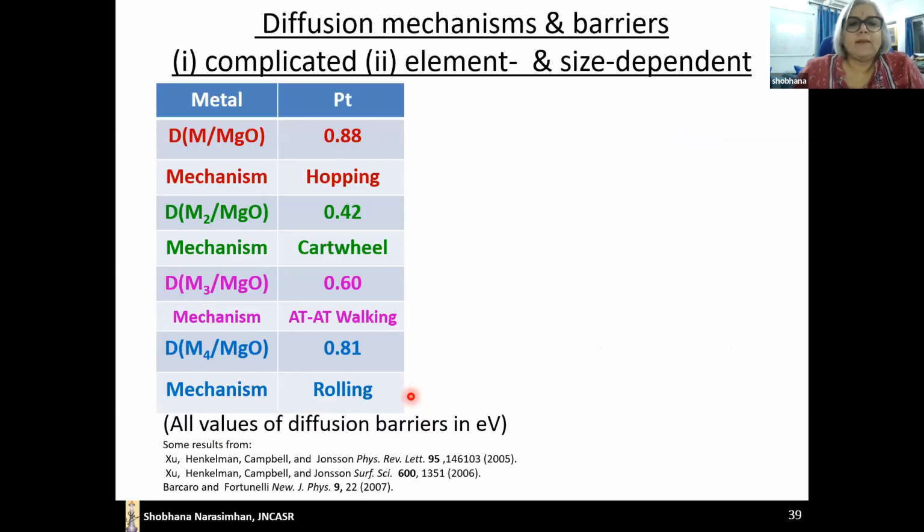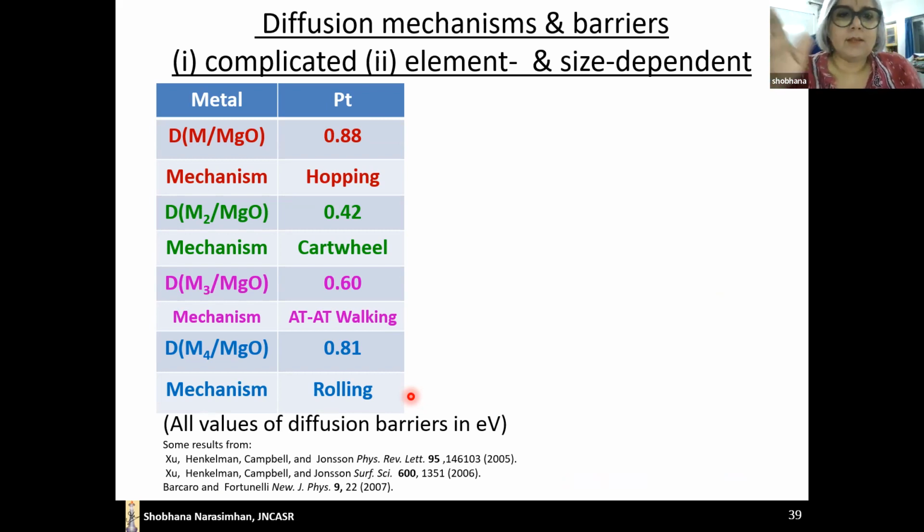So we have calculated the diffusion barriers, and I will show them to you in detail, but there are two messages about the diffusion barriers. One is that they are quite complicated. The mechanisms by which they diffuse are not simple translational motions at all. And the diffusion barriers are element dependent, and they're quite size dependent.